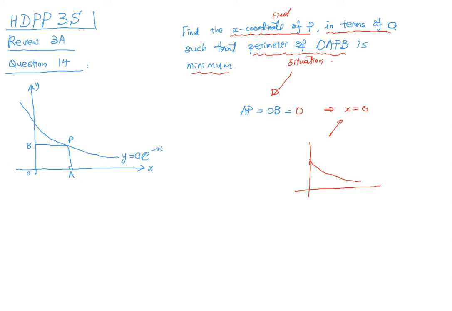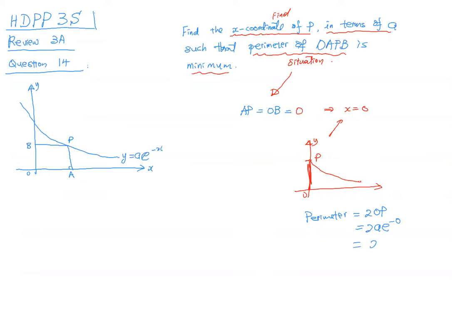My rectangle is here. My P is here. So the perimeter of this rectangle will be 2 times of OP. That is 2 times of A e to the power of -0.